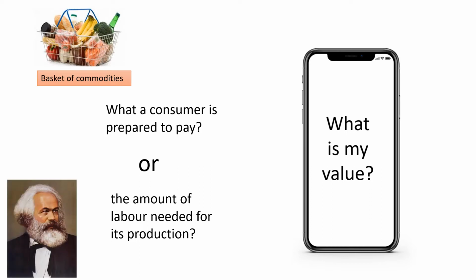Karl Marx developed the labour theory of value further to include the social conditions of the time when the commodity was produced. So, according to Marx, the value of a commodity is determined by the number of socially necessary hours of labour required for its production.